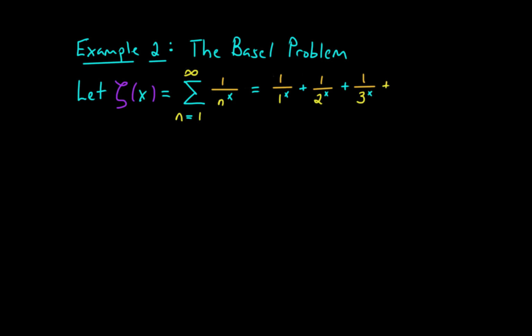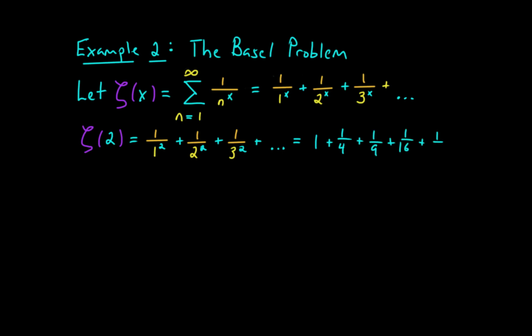And so then zeta of 2 would equal 1 over 1 squared plus 1 over 2 squared plus 1 over 3 squared, and so on, which equals 1 plus 1/4 plus 1/9 plus 1/16 plus 1/25, and so on.